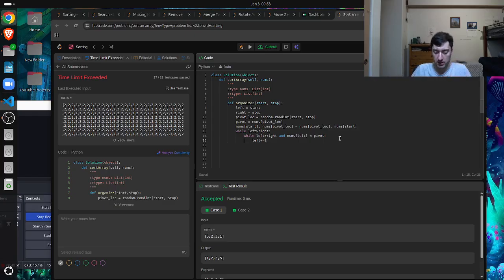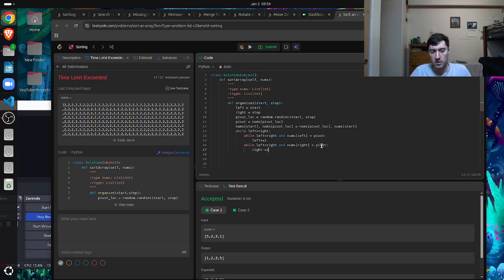And now I'm going to do the same thing for my fast. Okay, so while same condition, and nums of right is greater than my pivot, I want to keep moving my right over.